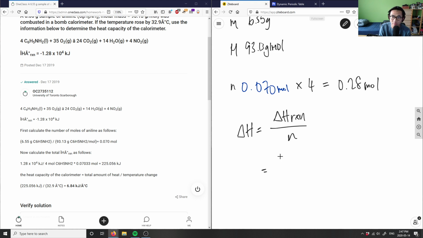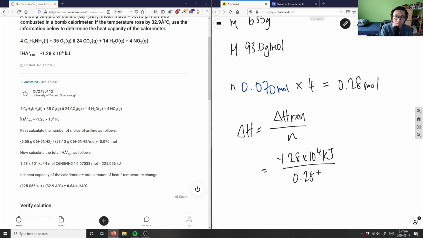And this is going to be negative 1.28 times 10 to the 4 kilojoules, divided by 0.28 here.